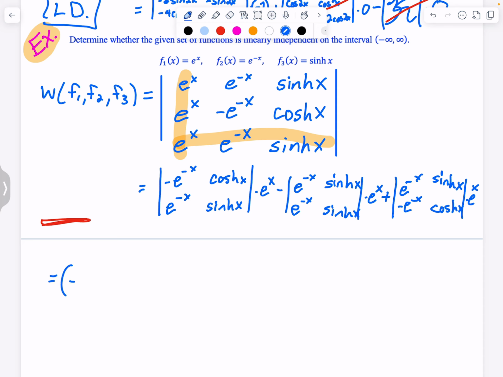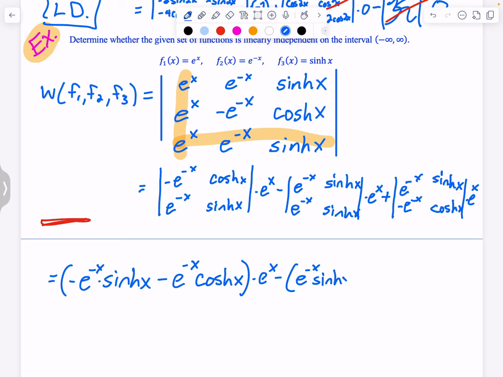Okay, I got negative e to the negative x times sinh x, and then it's going to be minus e to the negative x cosh x times e to the x, minus e to the negative x sinh x times e to the x.